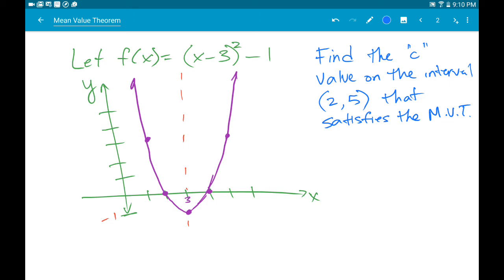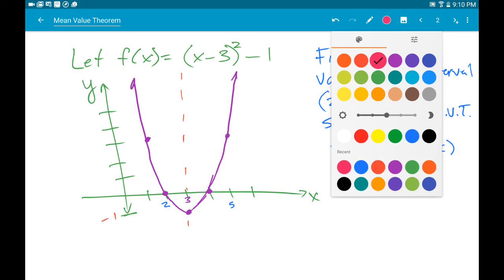So we want to find some c, and c will be somewhere between 2 and 5, so somewhere in this area. And remember that we want to make sure that the slope between our endpoints, in this case between 5 and 2, is equal to the derivative of our function at some value c.